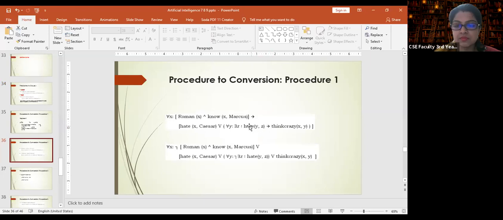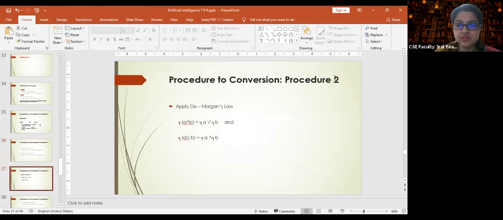Here part A is hate(y, z) and part B is think crazy(x, y). So we use the not sign there. You can use the not sign here also, before hate; this is also correct. So this is how we can remove the implication sign by using procedure 1.